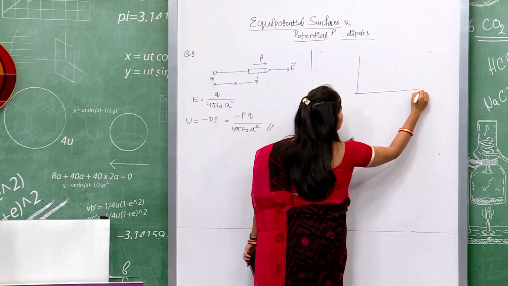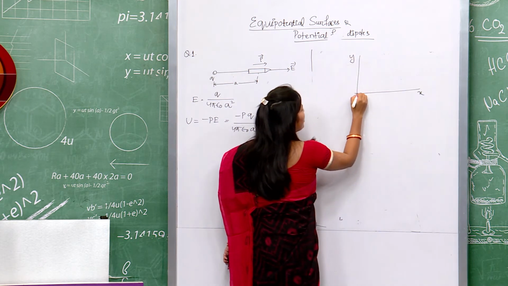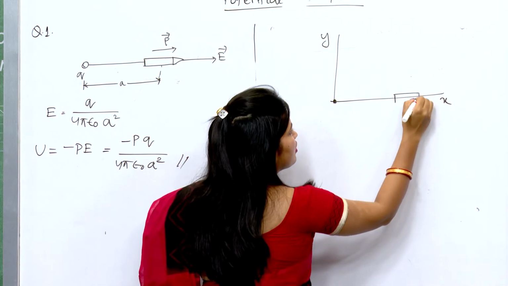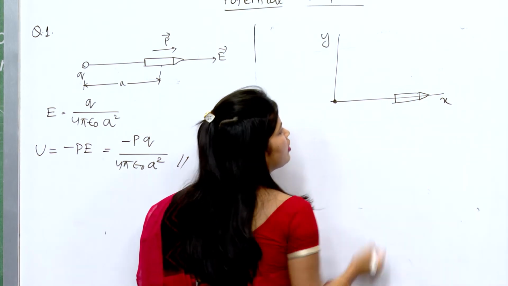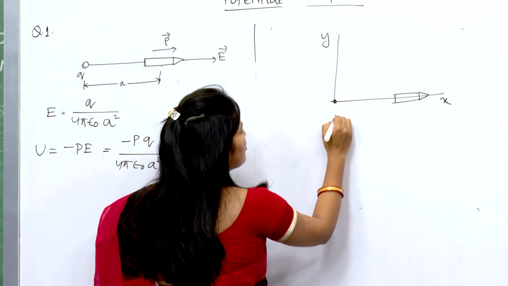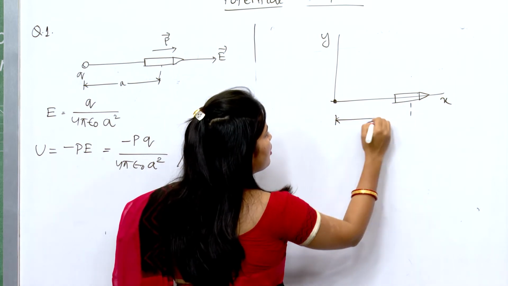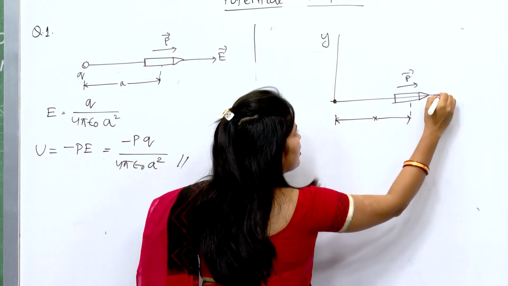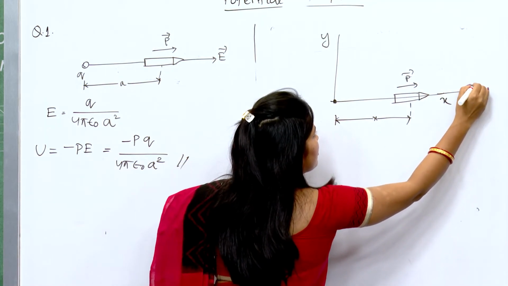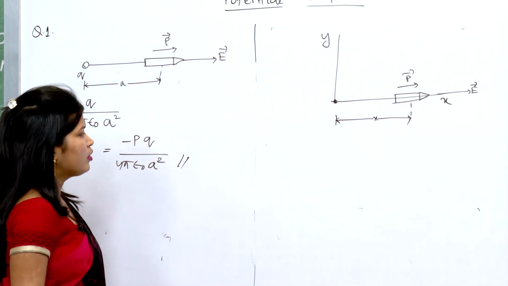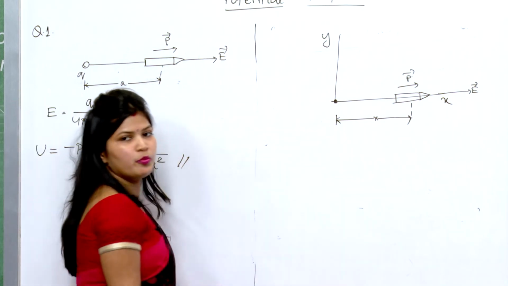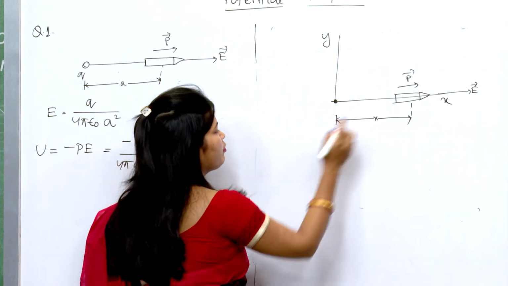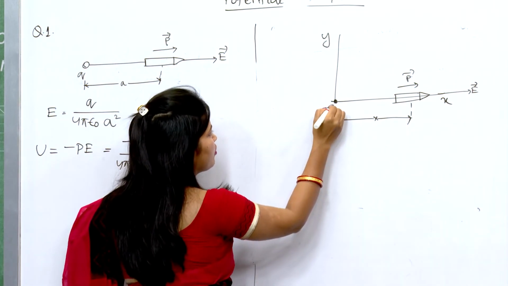Suppose this is the x axis and this is the y axis, and the point charge is at the origin and here is the dipole, and the distance from the point charge to the center of the dipole is x. Here is the dipole moment and here is the electric field direction. Now, find out the force acting on the dipole due to the point charge q.